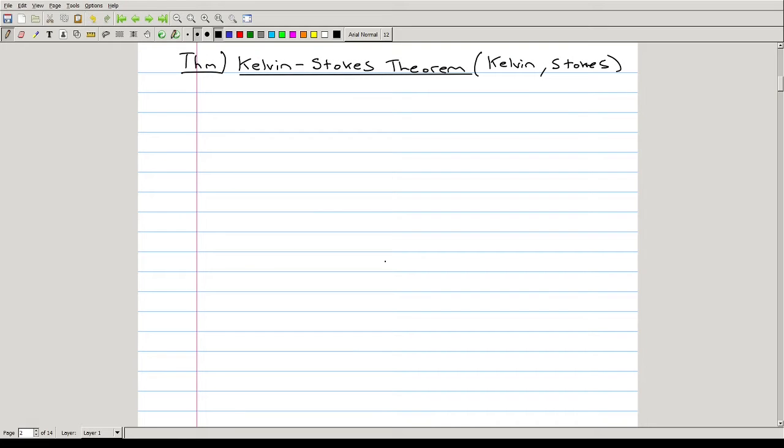So we need a couple different basic baseline assumptions in order for the proof to go smoothly and work out nicely, and they're reasonable assumptions.